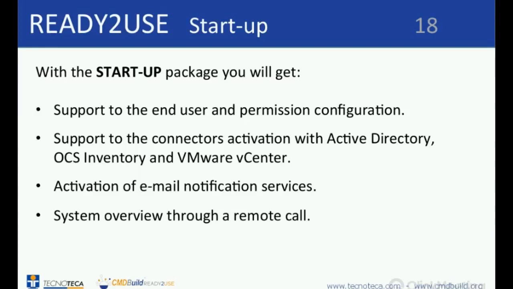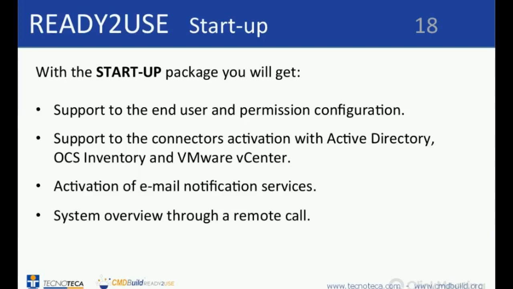The startup package also gives you support for the connector activations, the 3 connectors we just saw: Active Directory, OCS Inventory, and VMware vCenter. It supports the configuration and activation of the email notification services, all the emails that were sent during the workflows that we saw before.